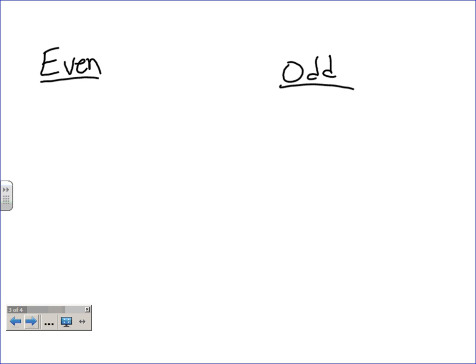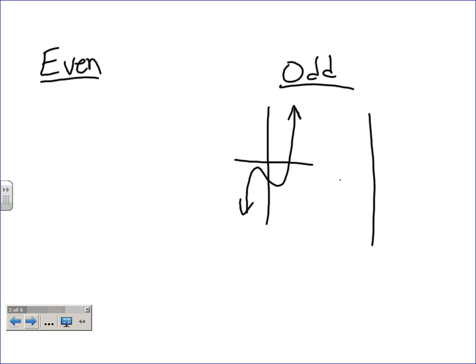For example, when I say ending, one of these is going down at the left and up on the right. Are those going in different directions? Yeah, one's going up, one's going down. That's an odd function. Or if you really want to get silly, you can do that too. You could get in there and just do a bunch of these and then do that. That's an odd function in general.